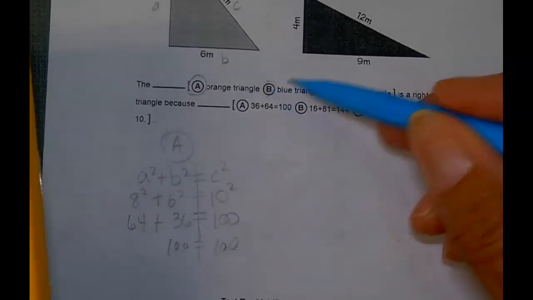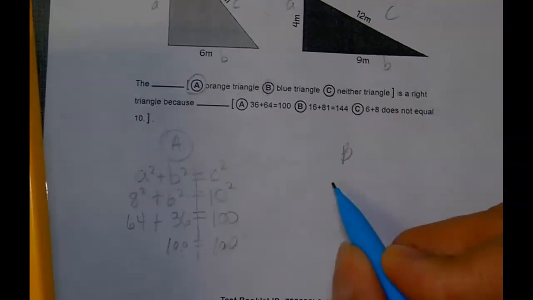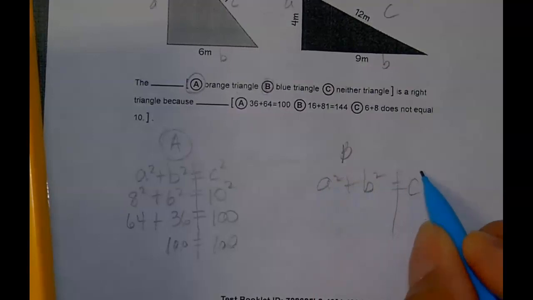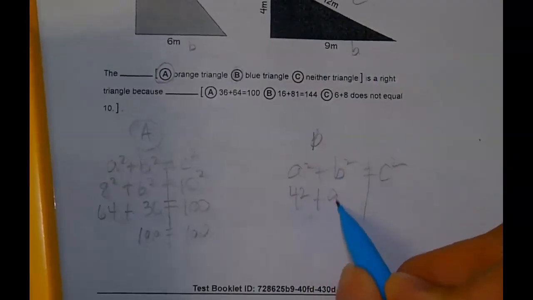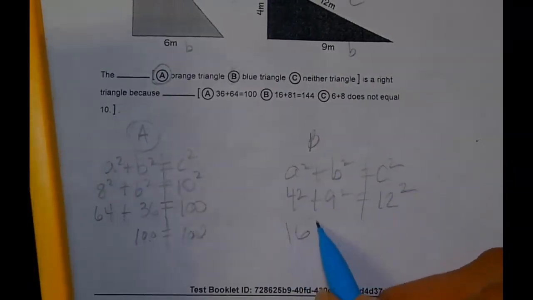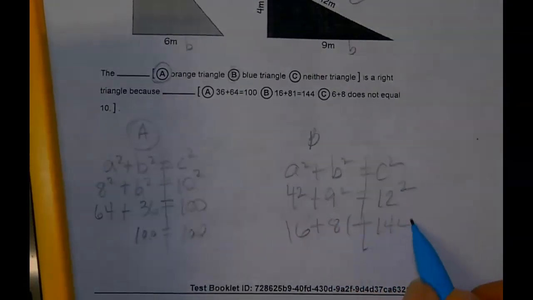it's the blue triangle for this one. So A squared plus B squared equals C squared. And we're just going to plug in 4 squared plus 9 squared equals 12 squared: 16, 81, and 144.